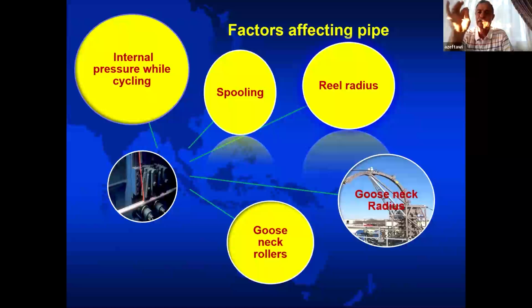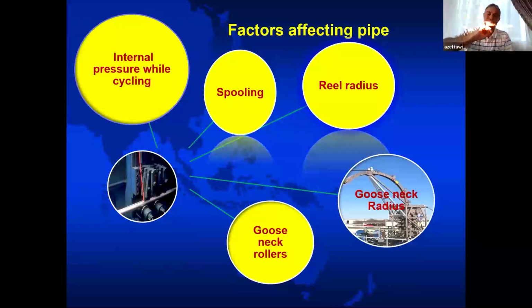This is where you kill the pipe dramatically, because you have internal pressure, maybe 4,500 or 5,000 psi, while bending your pipe, bend, straight, bend, straight, bend, straight. This is a killer. Spooling is a killer, which is a bending stress as well.